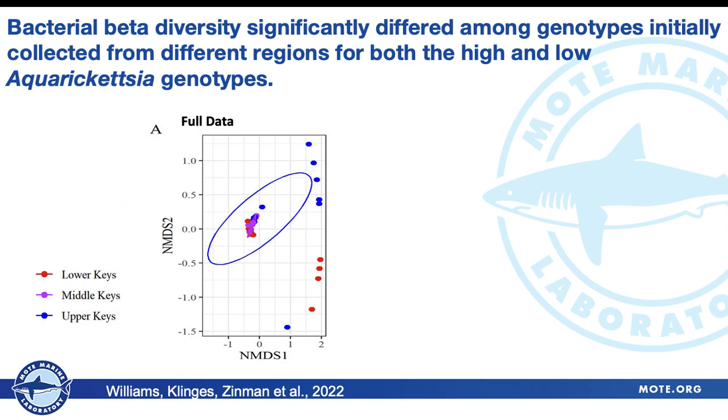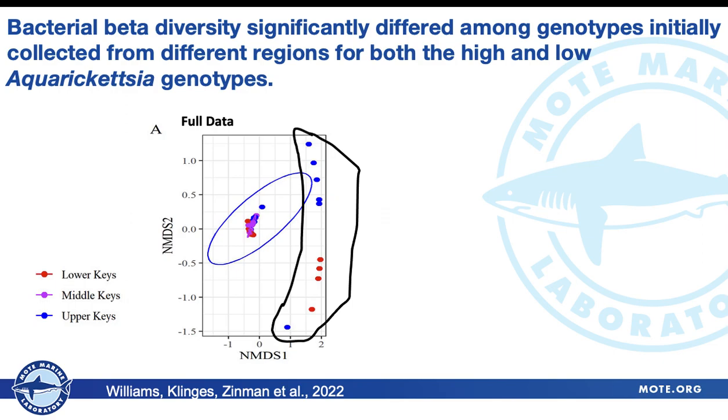And alongside this NMDS plot, we also ran a permutational multivariate analysis of variance, which is a really unnecessarily long way of saying permanova. And our permanova on the full data found significant differences by initial collection region. However, that's really hard to tell on our NMDS plot here because we had those low Aquarickettsia genotypes clouding things a bit.